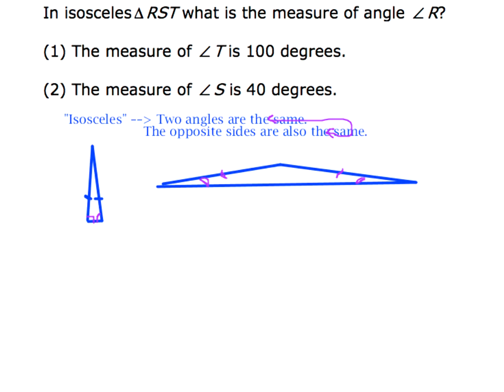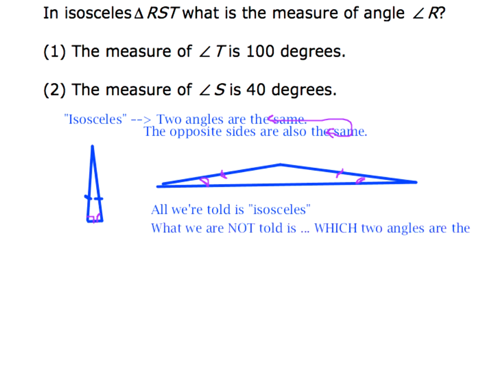You don't know which two angles are the equal ones. So all we're told is isosceles. What we are not told is which two angles are the same. So in this case, it definitely does matter.